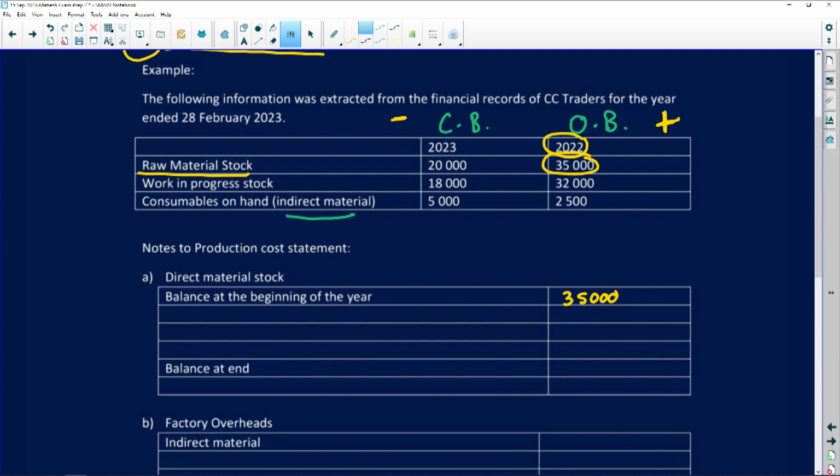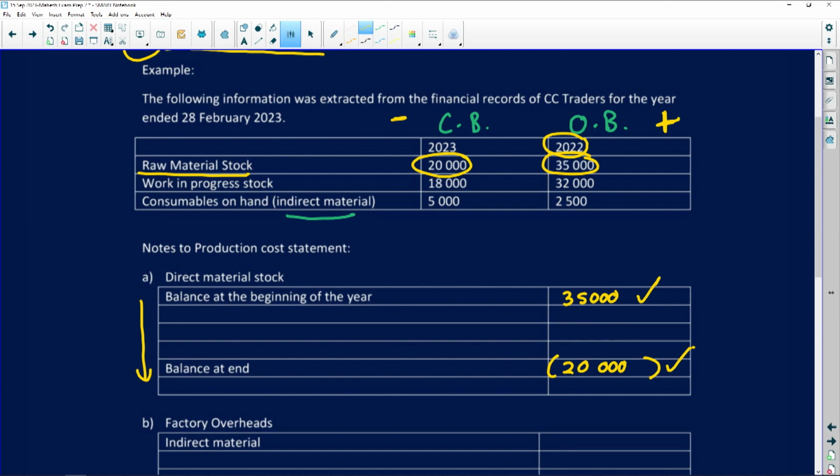Balance at the end of the year is normally towards the end of the note, and this is where balance at the end of the year must be in brackets. So end of the year, an amount of 20,000. That's how much stock was on hand at the end of the year. So as you can see, I'm not going to lose any marks there.